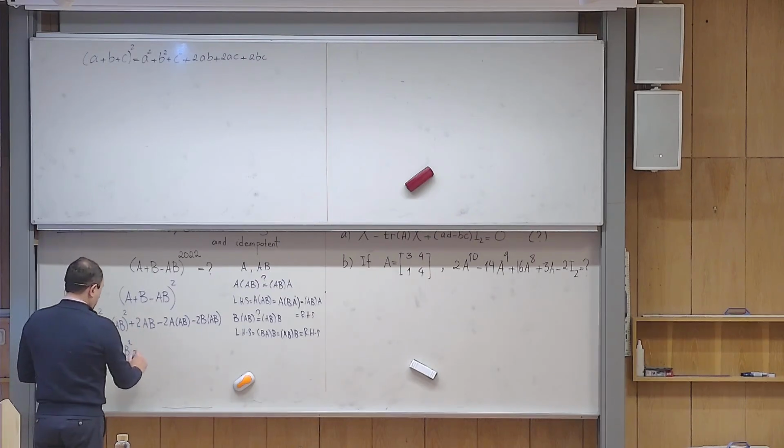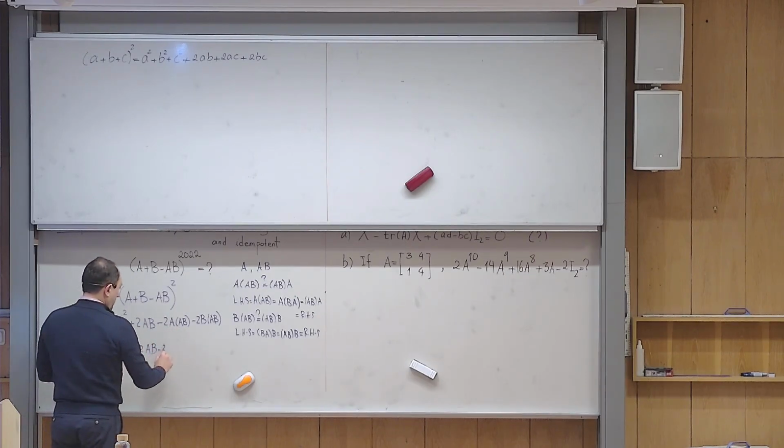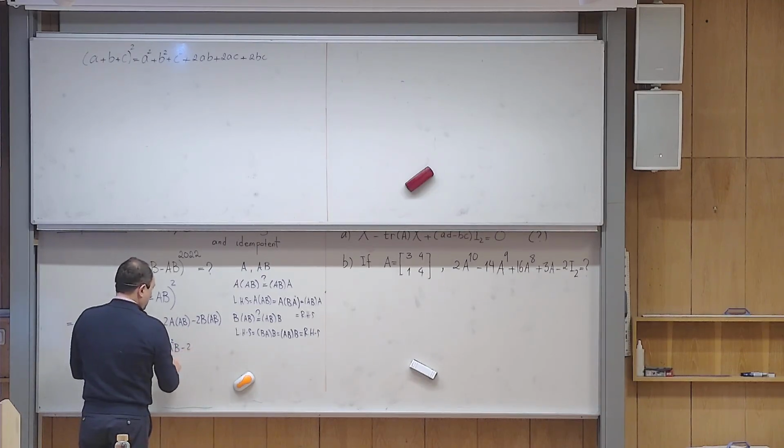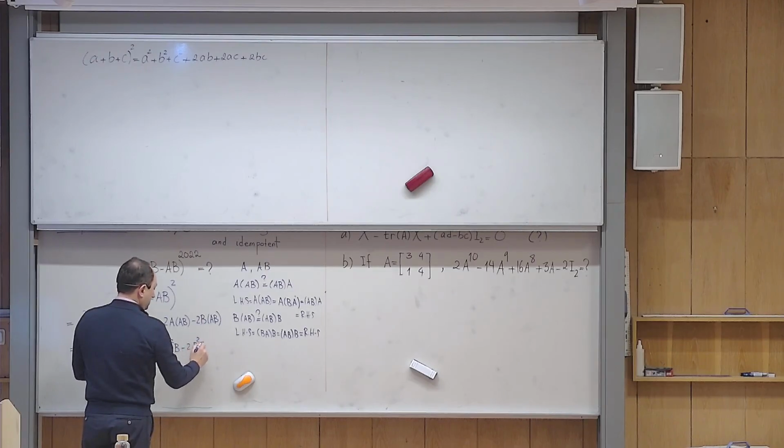This I cannot change at all. But here I can use associativity and write a pair of brackets around the first pair, and then it becomes A squared. And here, minus 2, I can swap these two because they are commuting, and then B becomes close to this B, so this becomes B squared. Yes?